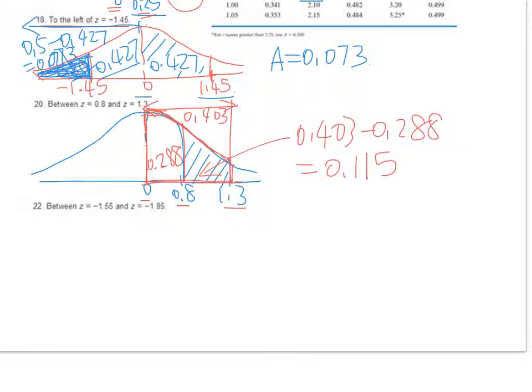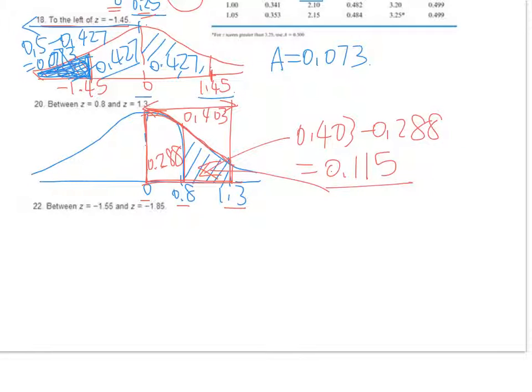The red region right here, with area 0.403, and this with the area of 0.288. So can you see we actually know part of the bigger region? I can find the remainder, which will be right here, by subtraction, as the difference. So that's the area of the blue shaded region.